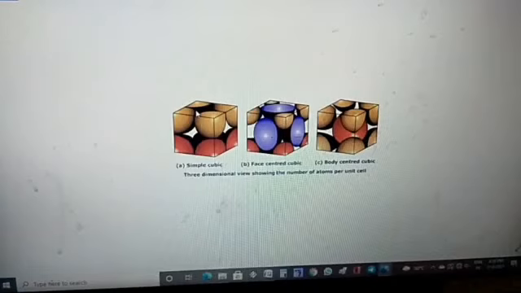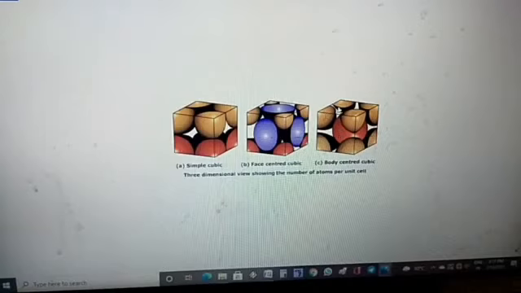Here, along with 8 corners, one body center will also be present. See here, along with these 8 corners, this red one which is here will also be a particle present in the unit cell. It belongs to only that particular unit cell.